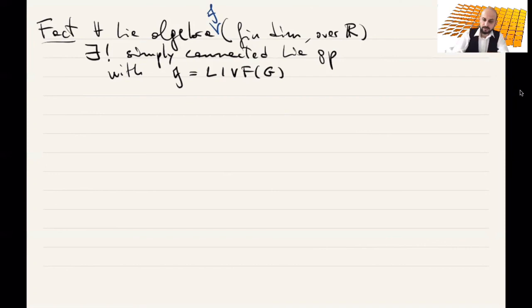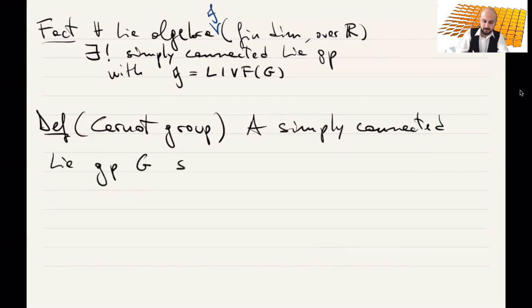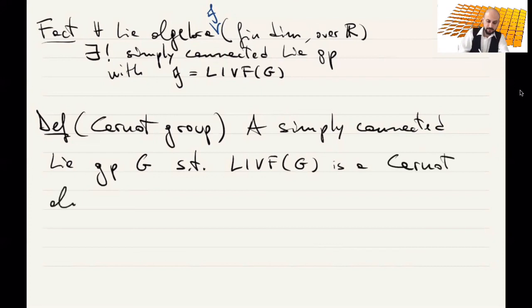Okay, now keeping this in mind, what is finally a Carnot group? A simply connected Lie group G, such that its Lie algebra, the space of left invariant vector fields on G, is a Carnot algebra, is called a Carnot group.